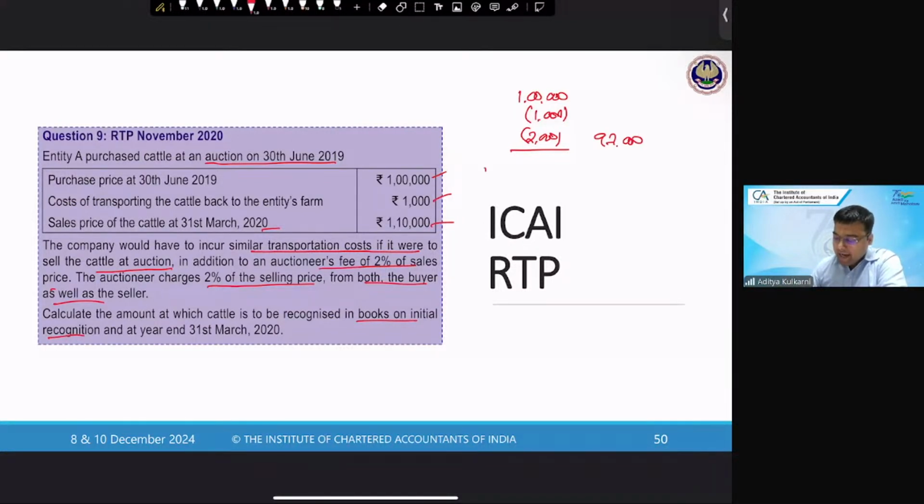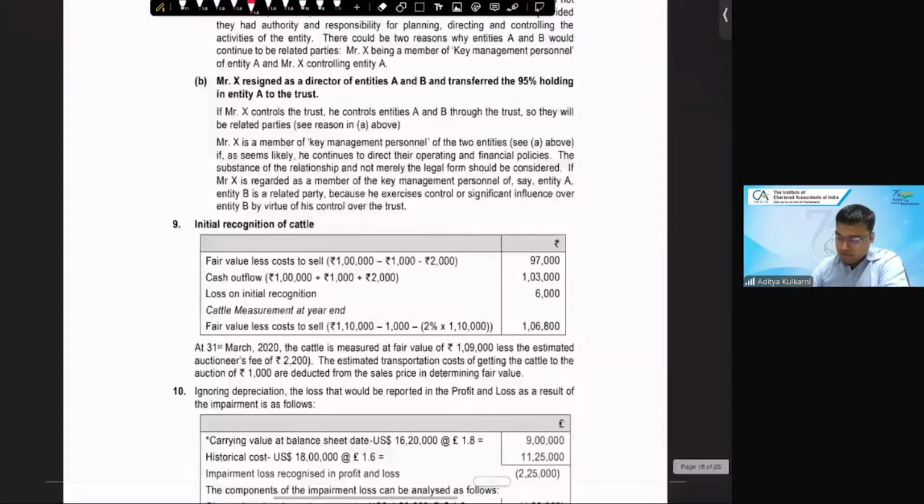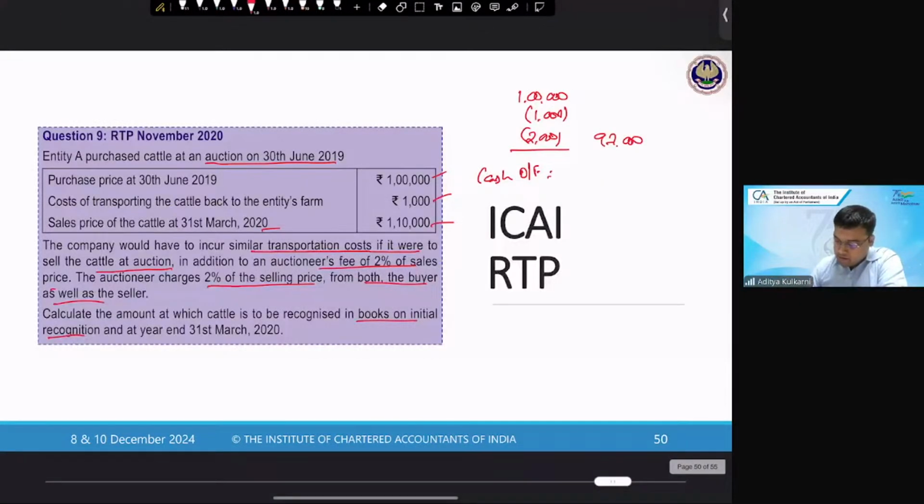But what is the cash outflow that is happening? 1 lakh you will pay for the cattle, 1,000 for transportation, 2,000 for your auctioneer fees. Yes or no? So yes, 1 lakh 3,000.